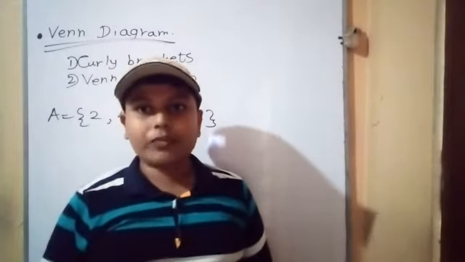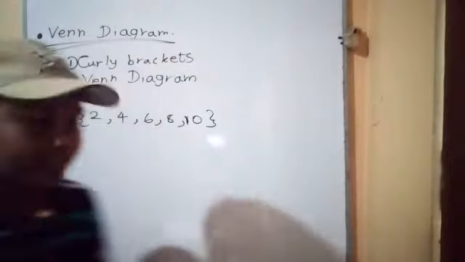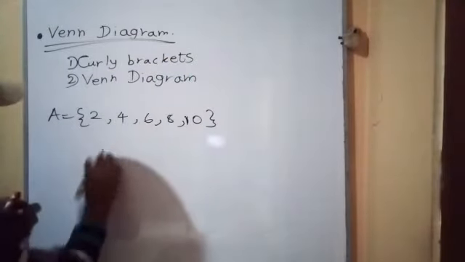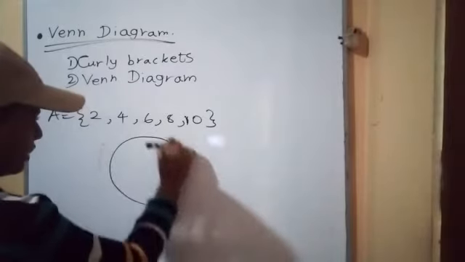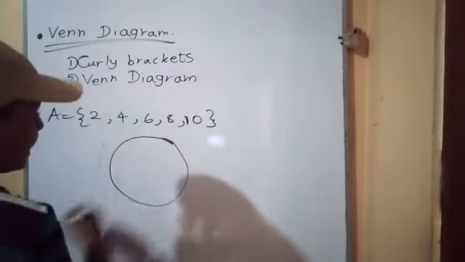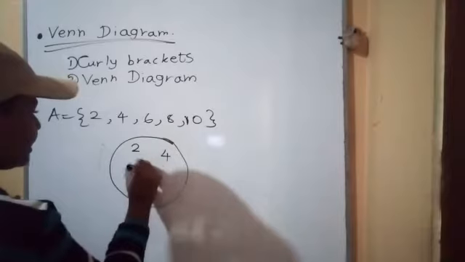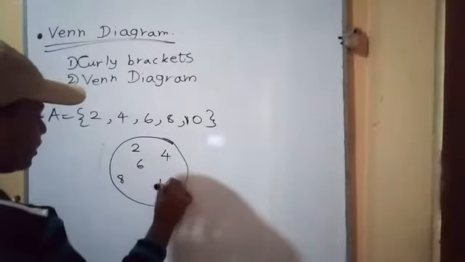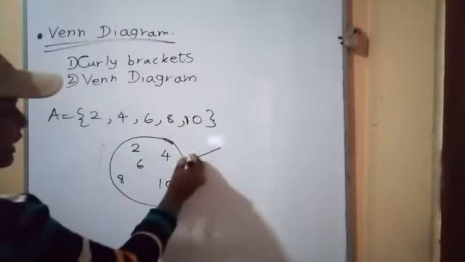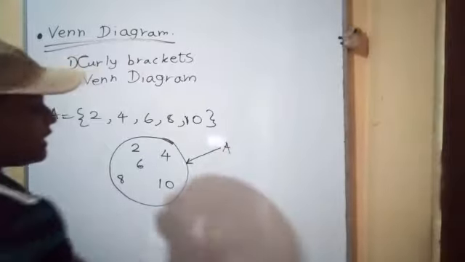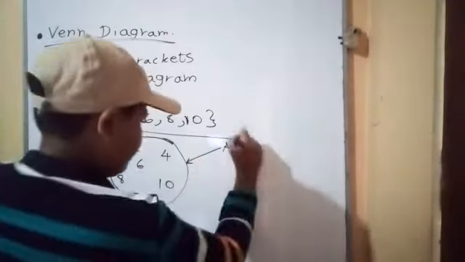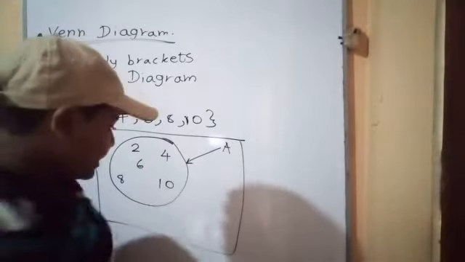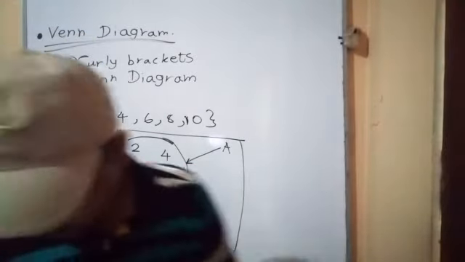This is a closed figure, a circle. You first draw a small circle and write these elements in this closed figure, and you keep an arrow and write the set name A. This is called the Venn diagram.